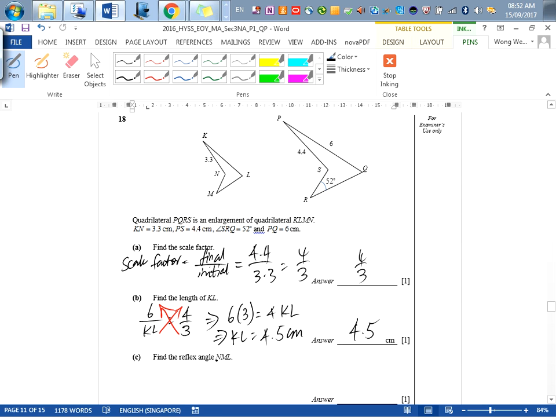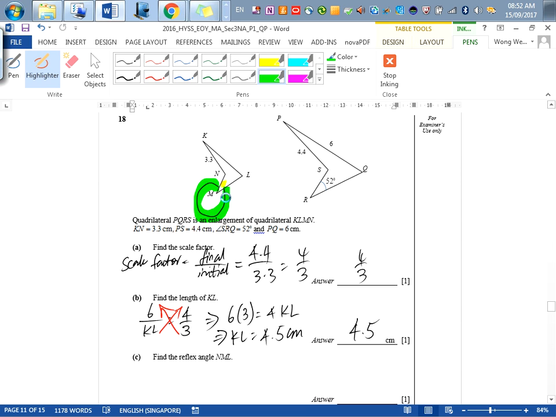Okay, find the reflex angle NML. Reflex angle meaning this one. Reflex angle, not acute angle. NML, acute will be this yellow angle, whereas reflex will be this green color angle.